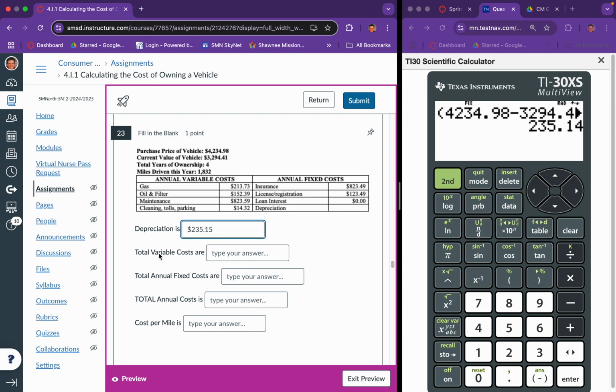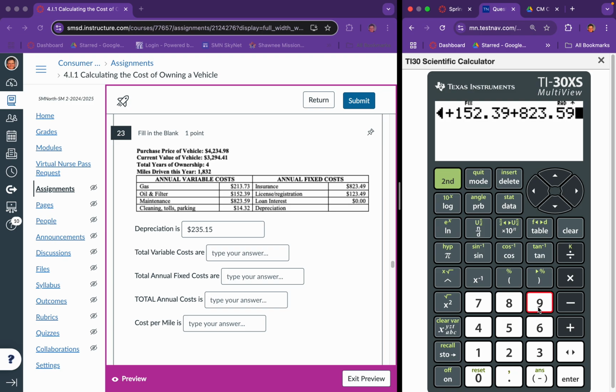Okay, now we need to figure out how much it costs us to drive the car per mile. So, to do that, we are going to take this entire row right here where it says variable costs. We're going to add these numbers together. So we're going to take $213.73. We're going to add that to $152.39. We are going to add that to $823.59.